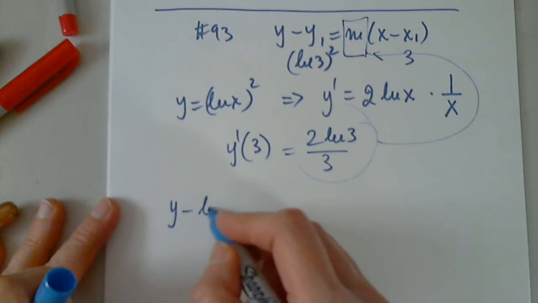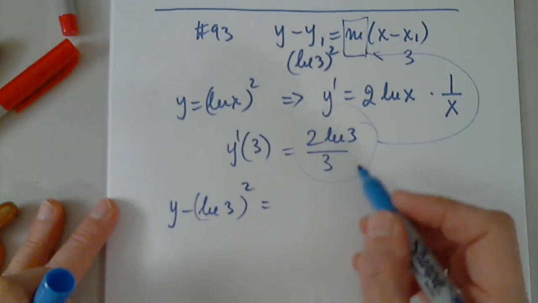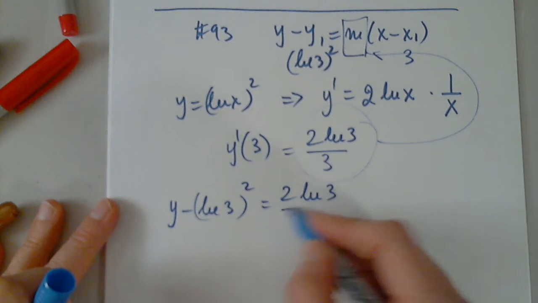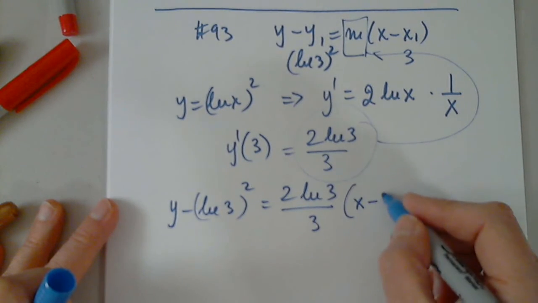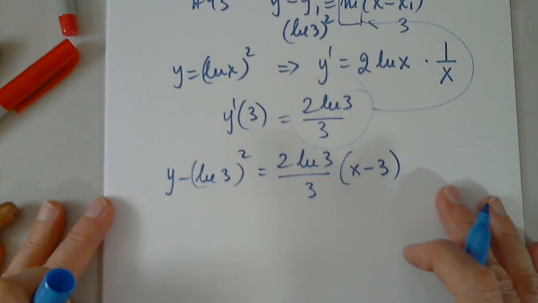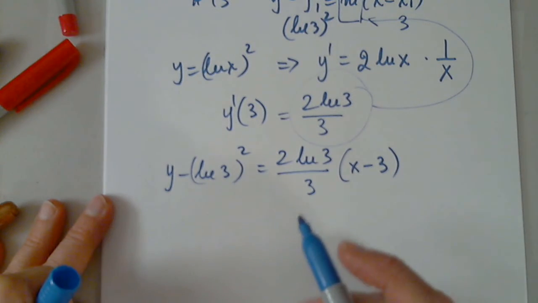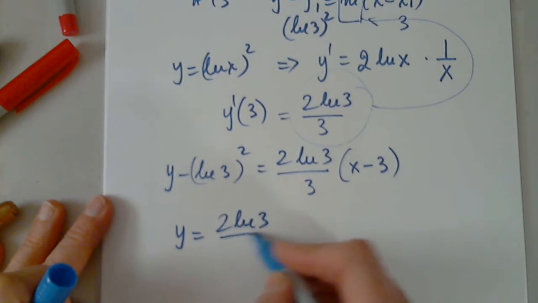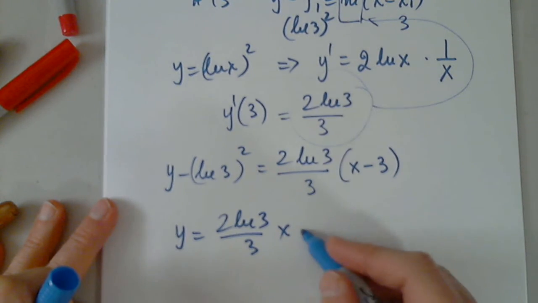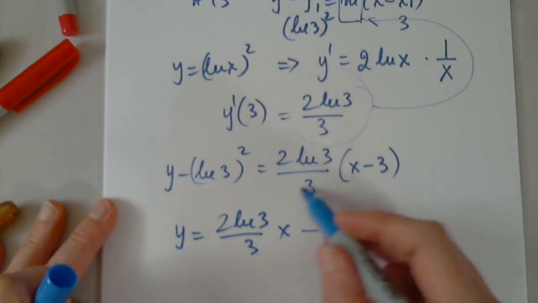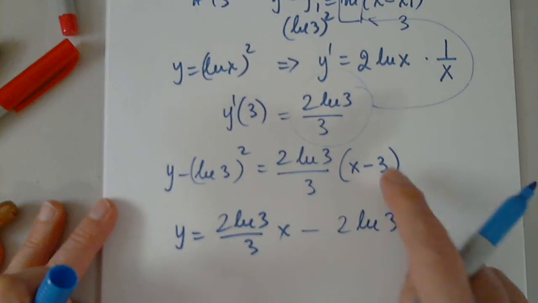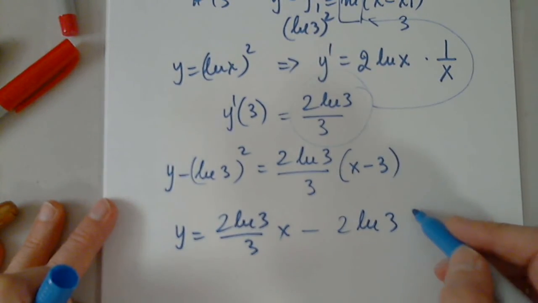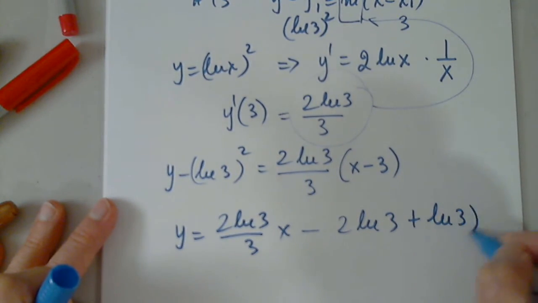So y minus natural log 3 squared equals 2 natural log 3 over 3 times x minus 3. So y equals 2 natural log 3 over 3 x minus 2 natural log 3, because these two will cancel out, plus natural log 3 squared.